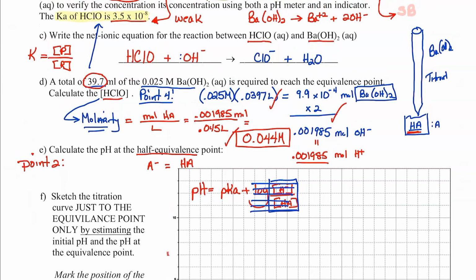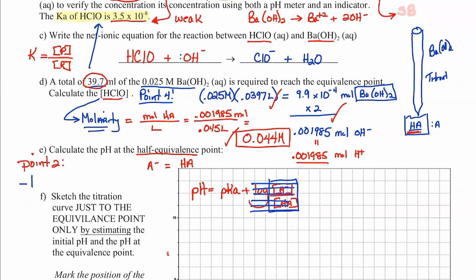So they gave me the Ka, which was 3.5 times 10 to the negative 8. In order to get a pKa, they gave me the Ka, the pKa. Little p means negative log. So all I got to do is negative log this guy. So let's negative log that number. It's the Ka.